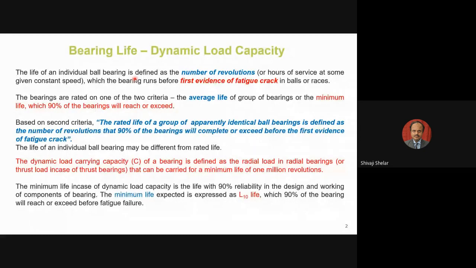Based on that, the rated life probability is calculated. There are techniques to evaluate the rated life, but normally the rated life is not evaluated. Rated life will be assigned, and you will calculate or measure the dynamic load capacity. There are setups available to measure the dynamic load capacity.